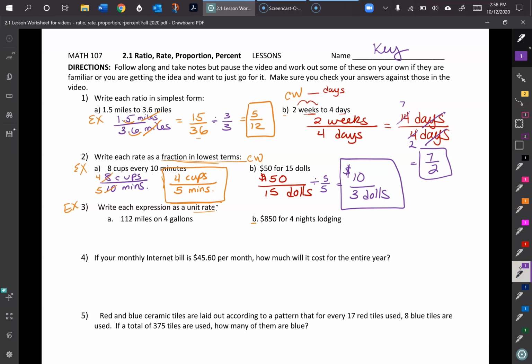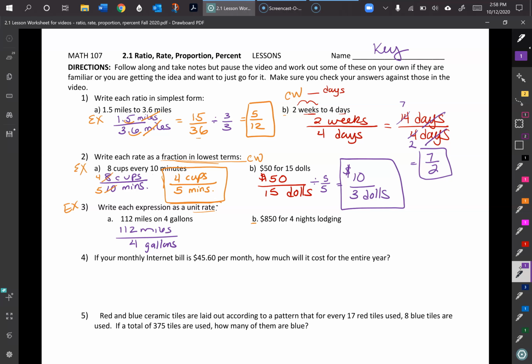Okay, so for this first one, we have a unit rate because we have 2 different units. We know that it's a rate. We could write it as a fraction first, but for these, really, all I need to do is just divide, and you can do that on a calculator because I always want it per 1 gallon on these.